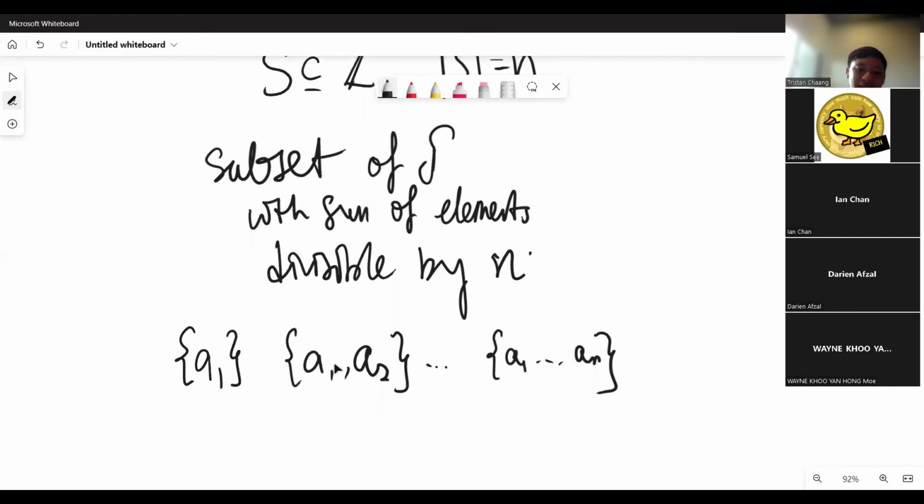And how many subsets are there? There are n. Okay, but that's not n plus 1. That's not n plus 1. So how? Well, we want a subset that is divisible by n, right?